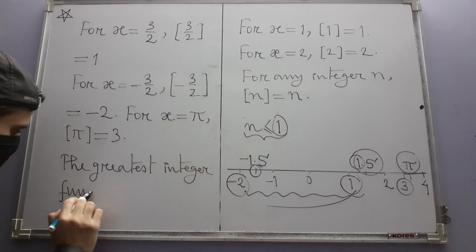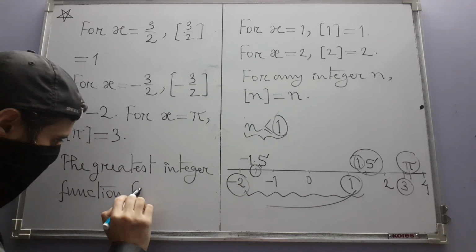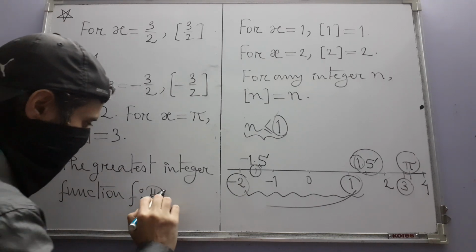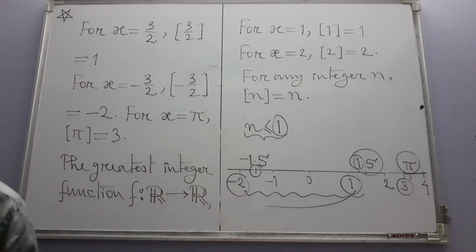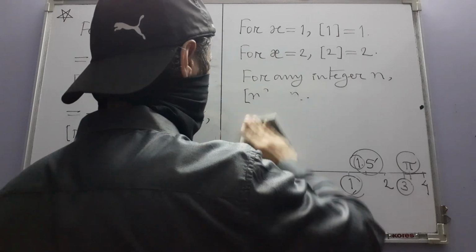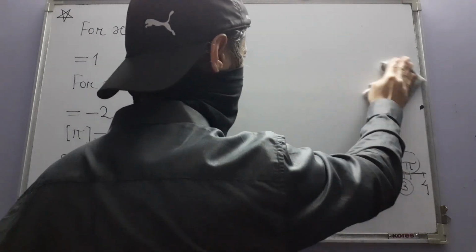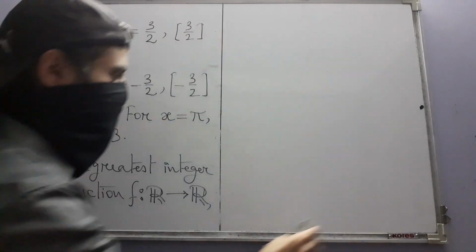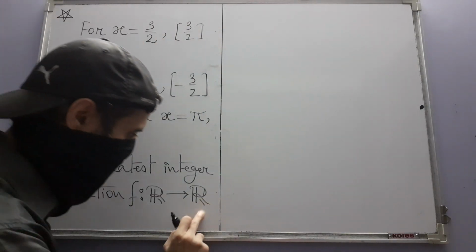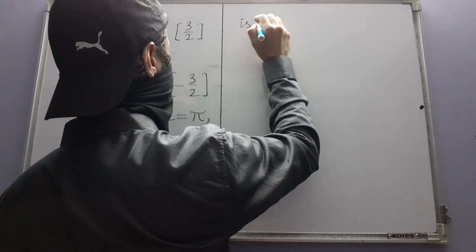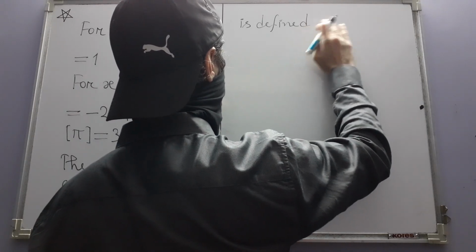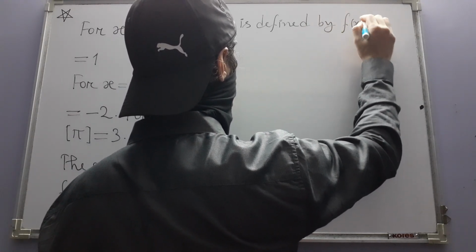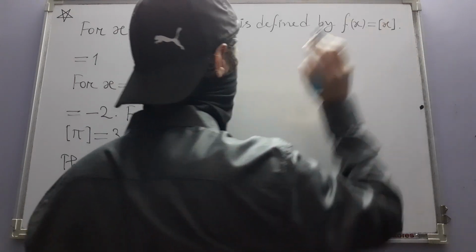The greatest integer function is also defined on the entire real line and has the codomain also R. It is defined by f of x equal to this.